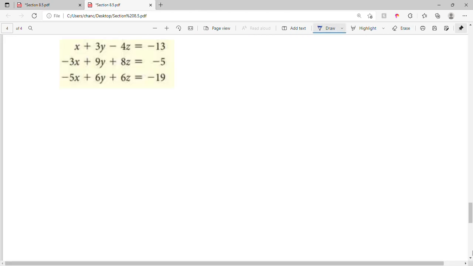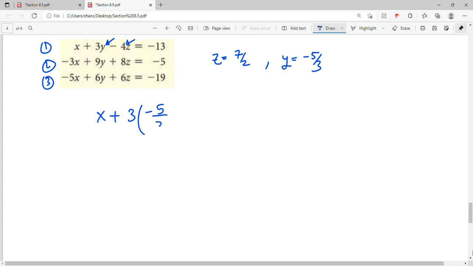So let's summarize what we have found already. We know that z is equal to 7/2, and we know that y is equal to negative 5/3. Let's do the substitution now. We have x plus 3 times negative 5/3 minus 4 times 7/2 is equal to negative 13.